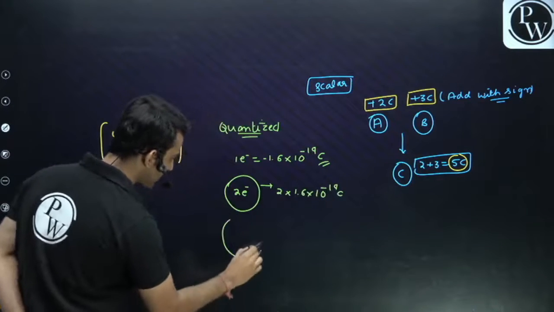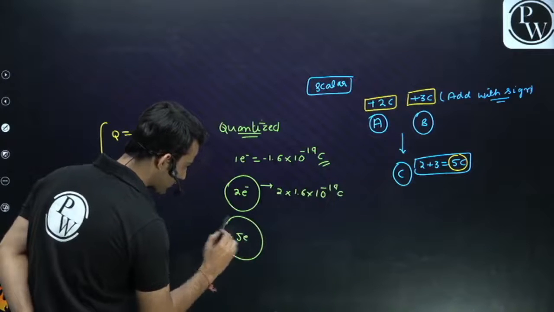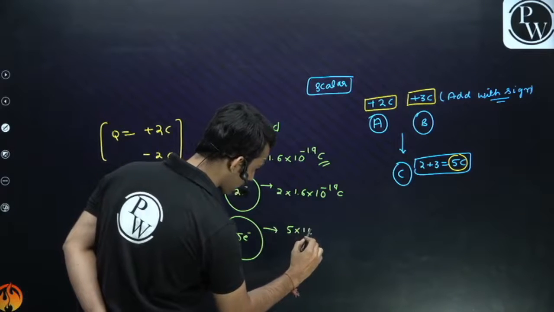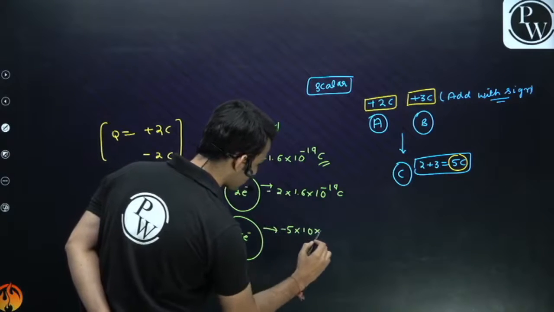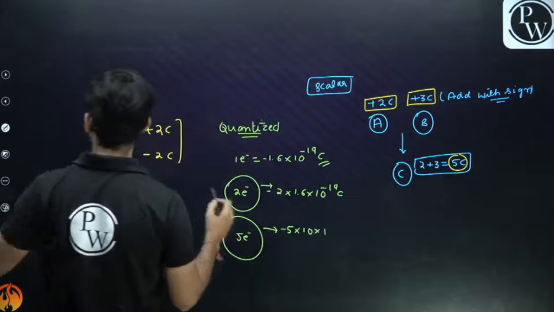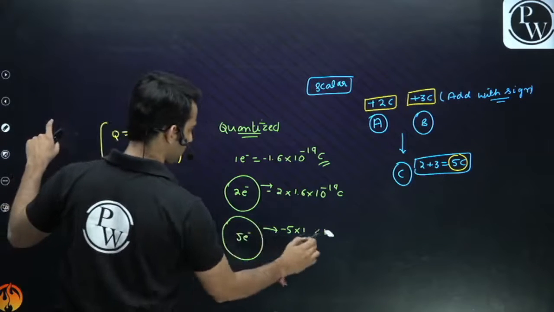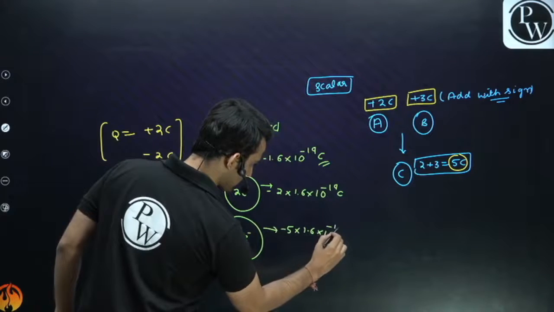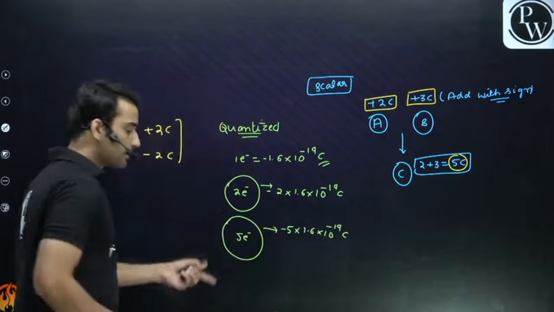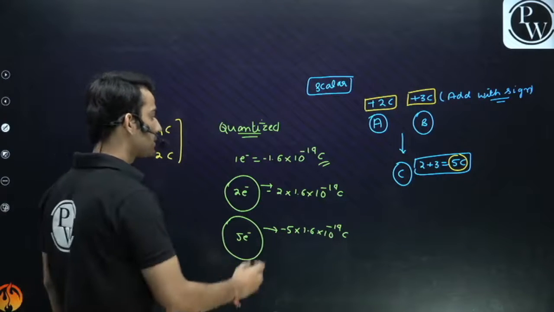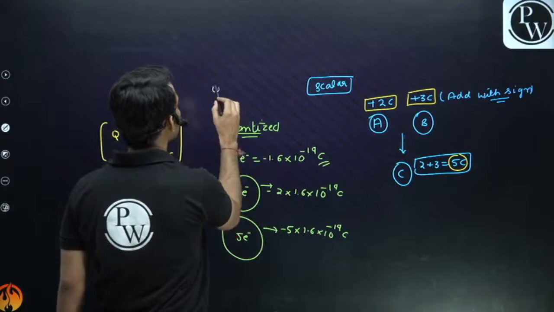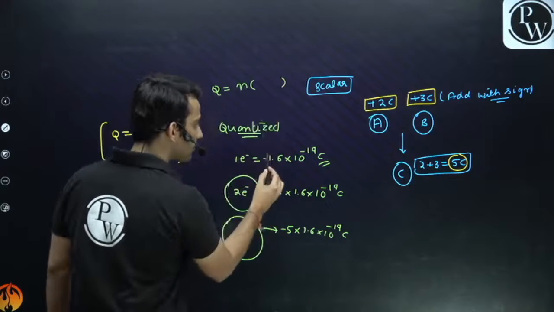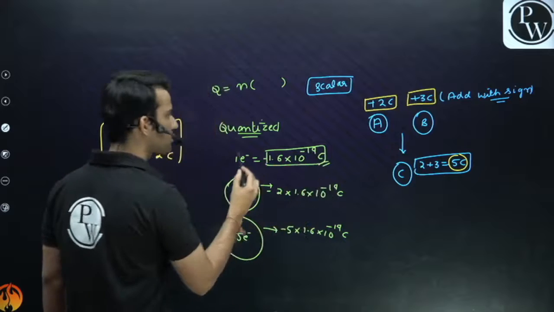If a body is having 5 extra electrons, how much negative charge will the body have? 5 into 1.6 into 10 to the power minus 19 coulomb. So guys, similarly 10 electrons, 20 electrons. So you can see the amount of charge is a multiple of this 1.6 into 10 to the power minus 19.